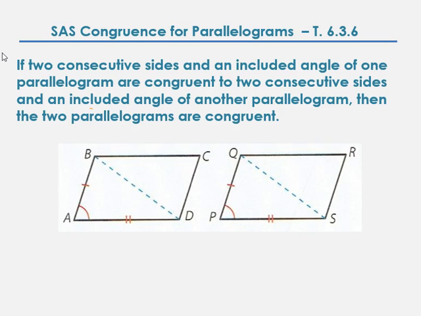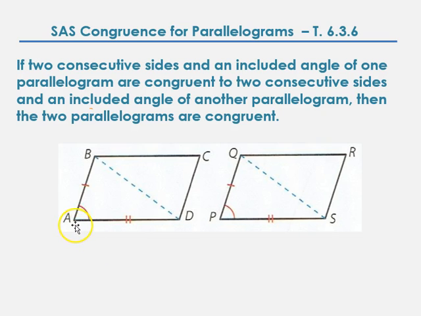Theorem 6.3.6, side angle side congruence for parallelograms. If two consecutive sides and an included angle of one parallelogram are congruent to two consecutive sides and an included angle of another, then the two parallelograms are congruent.